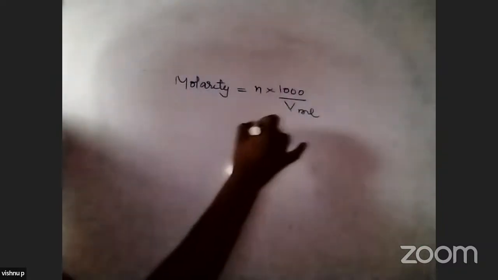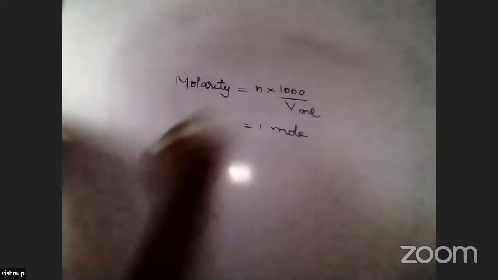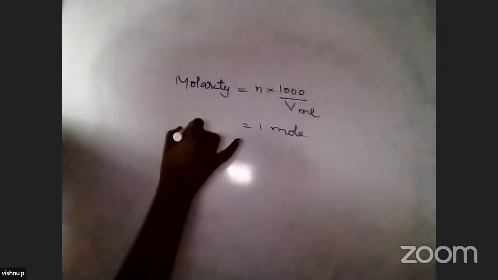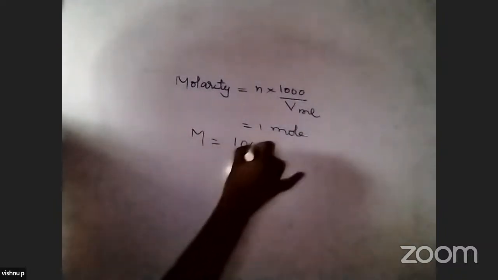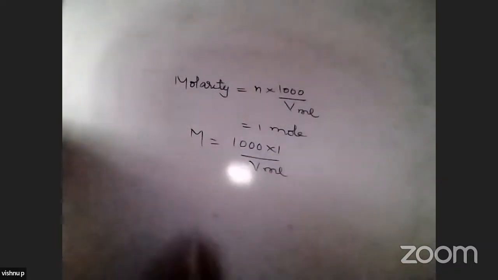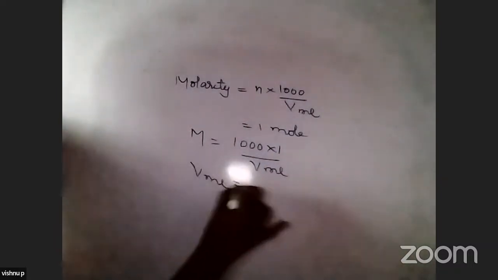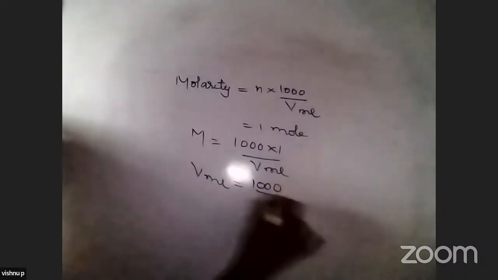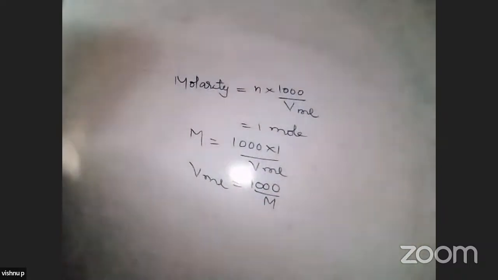If we take 1 mole of electrolyte, then molarity is equal to 1000 into 1 by volume in milliliters. So volume in milliliters is equal to 1000 by molarity.